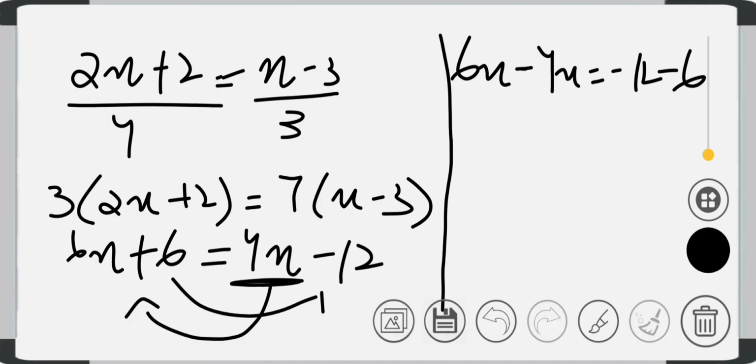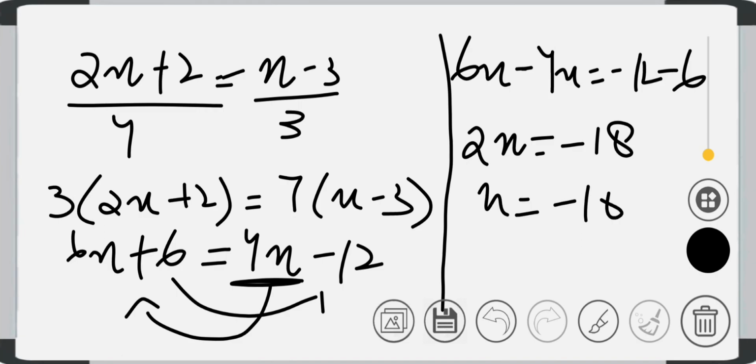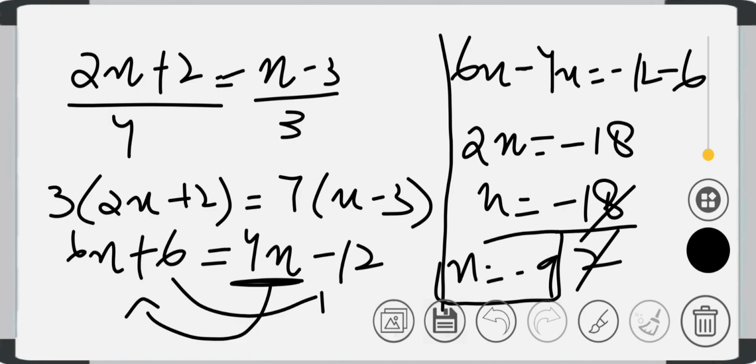Now 6x minus 4x becomes 2x is equal to minus 12 minus 6. So 12 plus 6 becomes 18, with the minus sign, minus 18. Now x is equal to minus 18 upon 2. We cancel this, and we get minus 9, our answer.